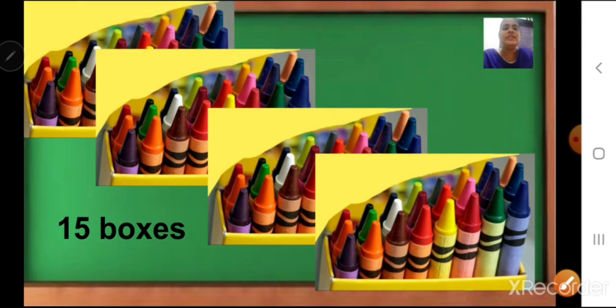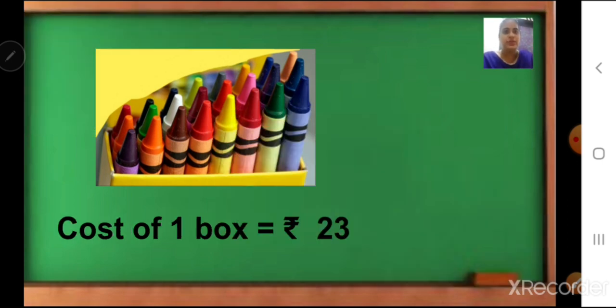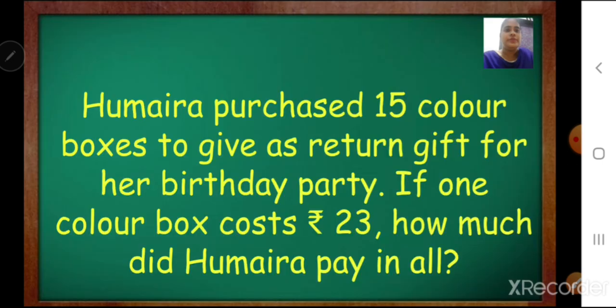Now here you can see, children, there are color boxes. So there are 15 boxes that Humaira has purchased, and the cost of only one color box is rupees 23. We have to find out how much did Humaira pay in all, correct? So how much did she pay for all the color boxes?